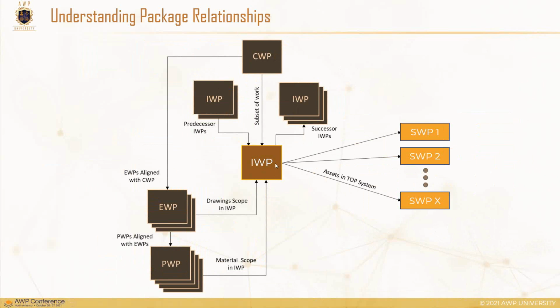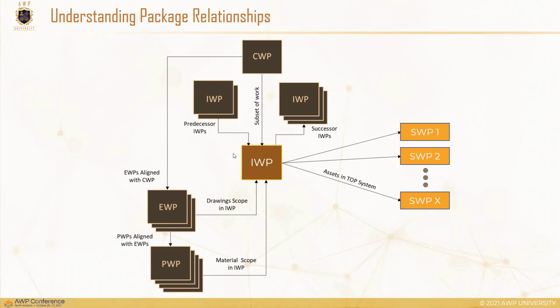Predecessor and successor IWPs obviously affect the execution of that IWP. And when we say predecessor and successor, we're not necessarily talking about schedule logic ties as much as we're talking about physical ties. Think about this more from gravity than CPM schedule.